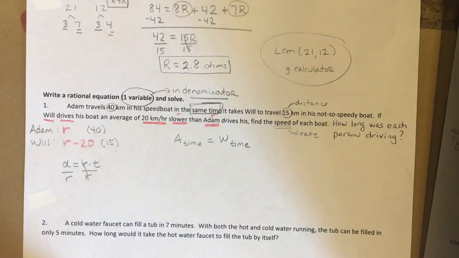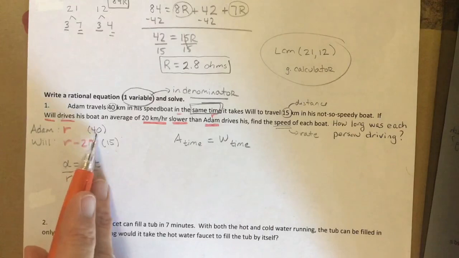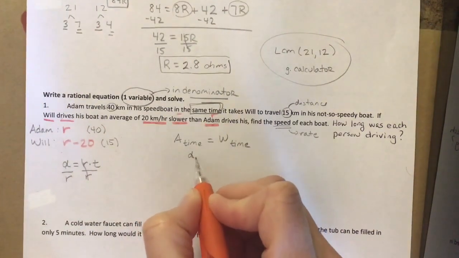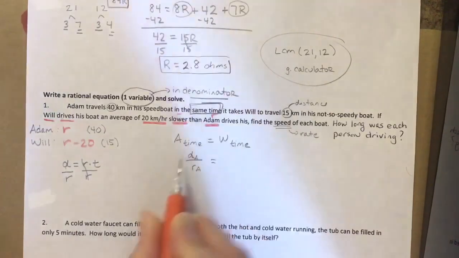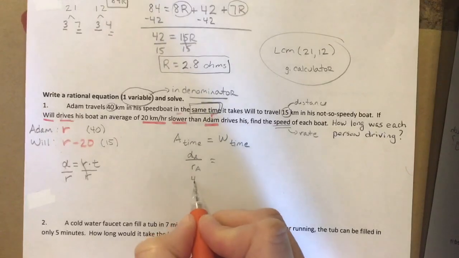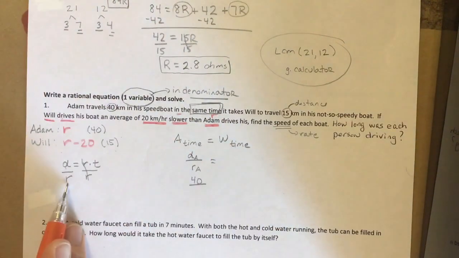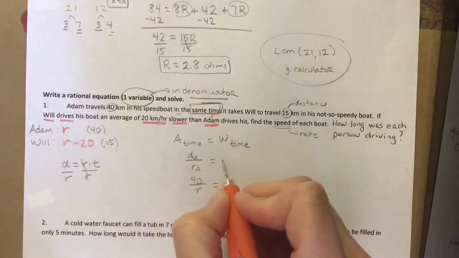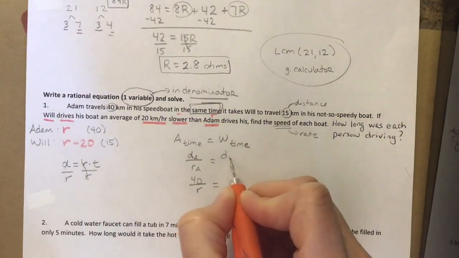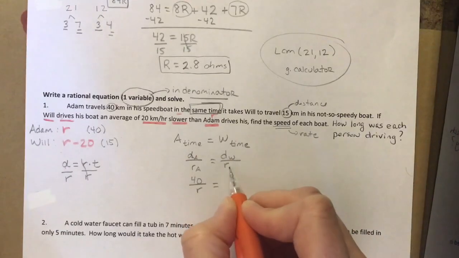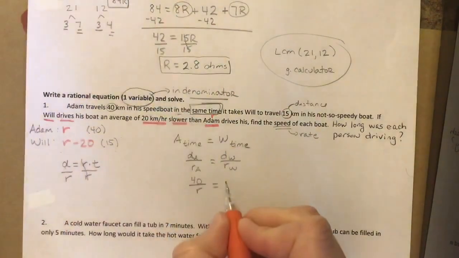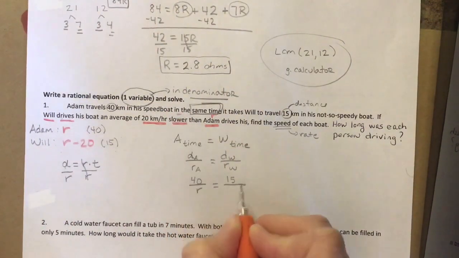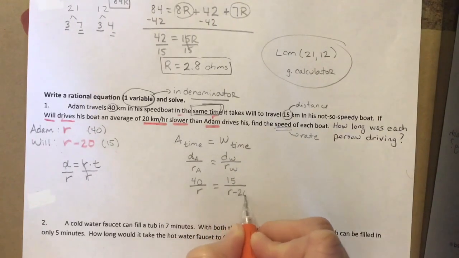Now we're going to set up an equation where we do Adam's distance, 40, divided by Adam's rate, which is r, equals the distance for Will divided by the rate for Will. He didn't go as far, he went 15, because he wasn't going as fast, r minus 20.